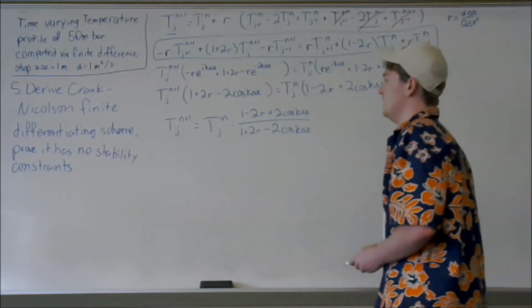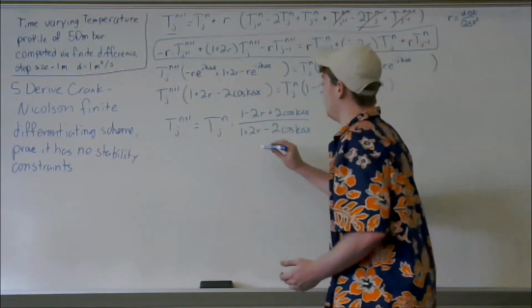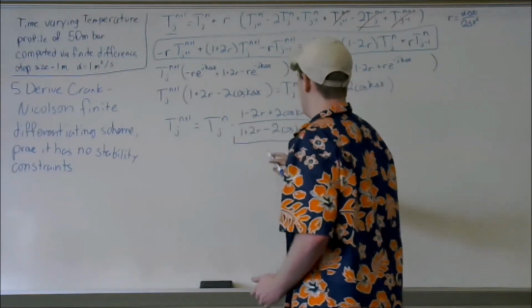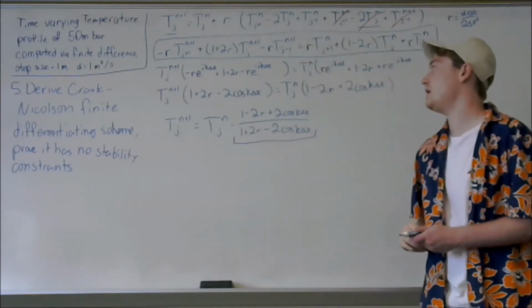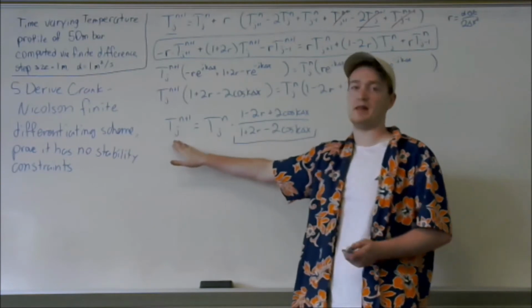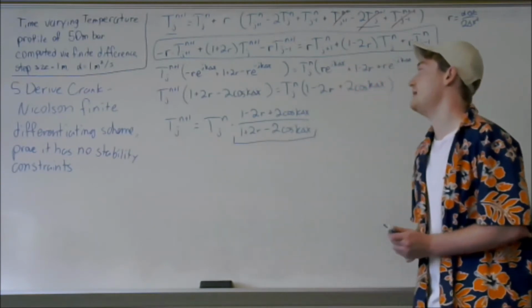Just like that. And the same idea as before, this value here has to be between -1 and 1 in order for no instability to happen as our time increases.